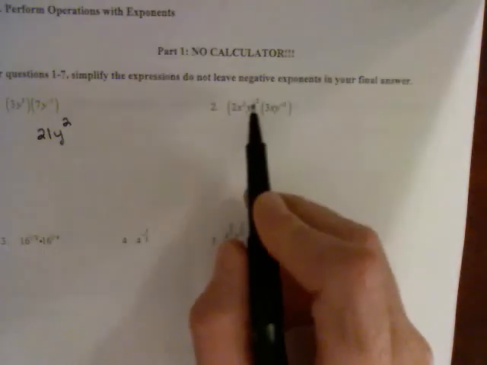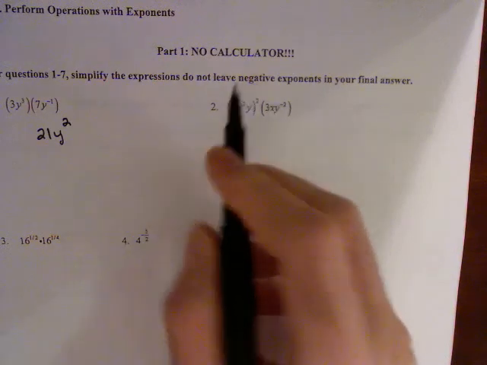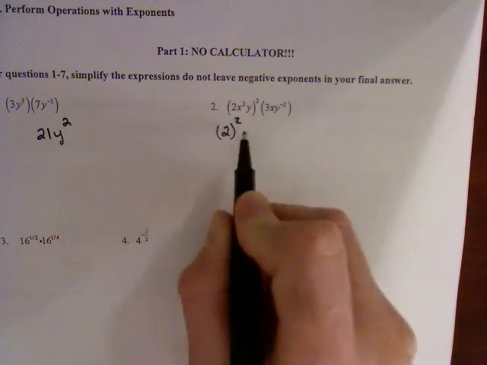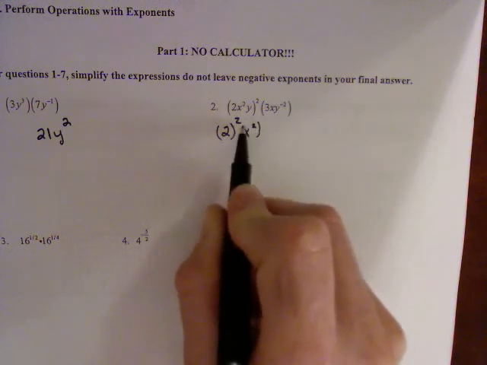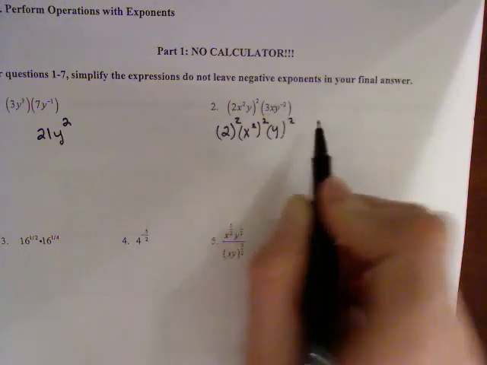In number 2, we have an exponent on the outside of parentheses. We can distribute the square to every term. 2 squared, x to the second squared, y squared.